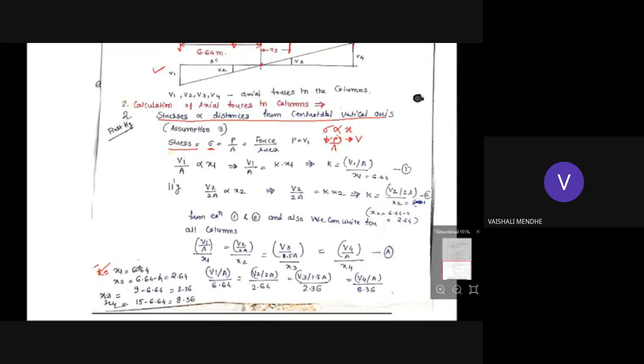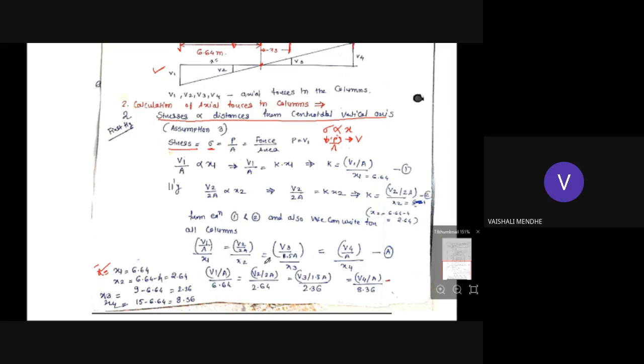I told you how to find x1, x2, x3, x4. Then we put the values of x1, x2, x3 and x4 here, and we get this relation.